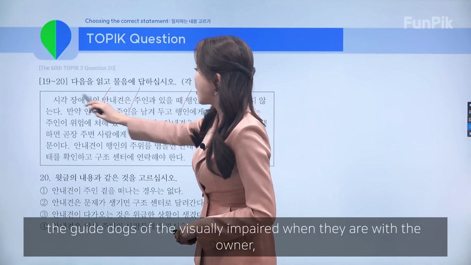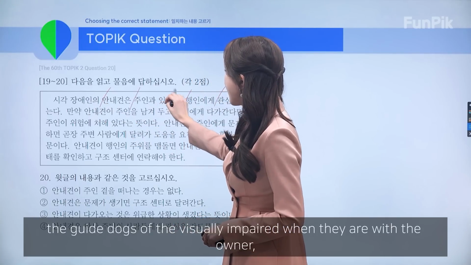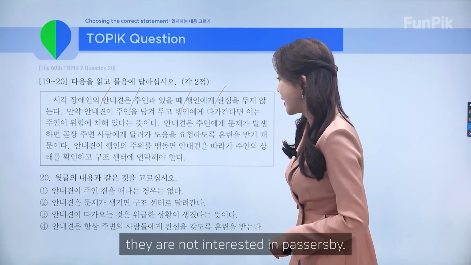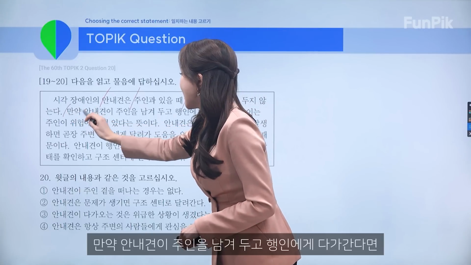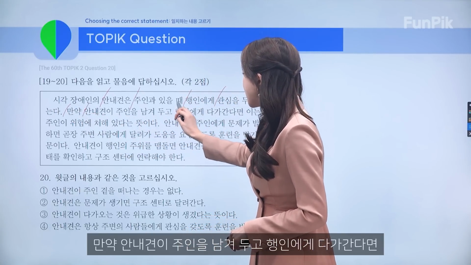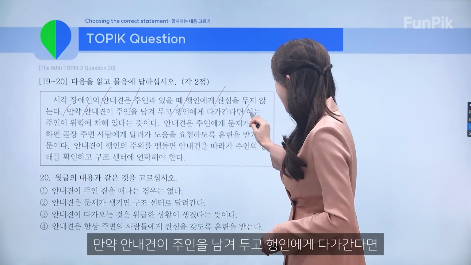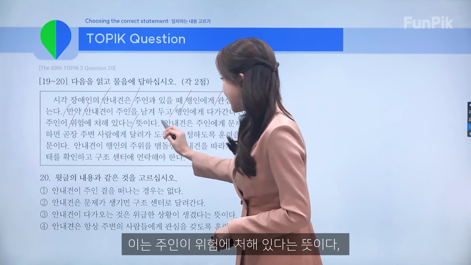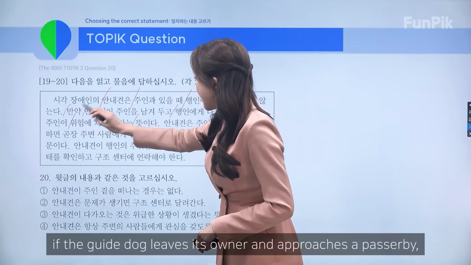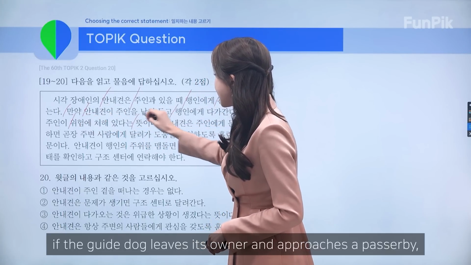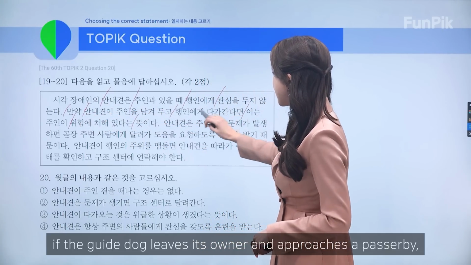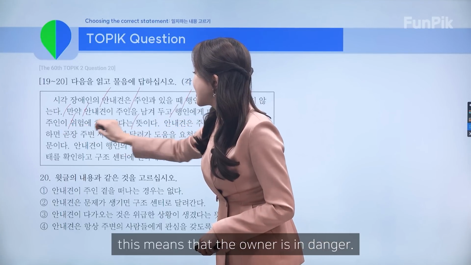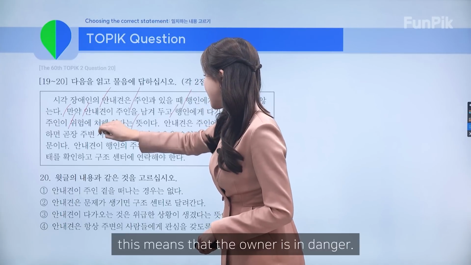The guide dogs of the visually impaired, when they are with the owner, they are not interested in passers-by. 만약 안내견이 주인을 남겨두고 행인에게 다가간다면 이는 주인이 위험에 처해 있다는 뜻이다. If a guide dog leaves its owner and approaches a passerby, this means that the owner is in danger.